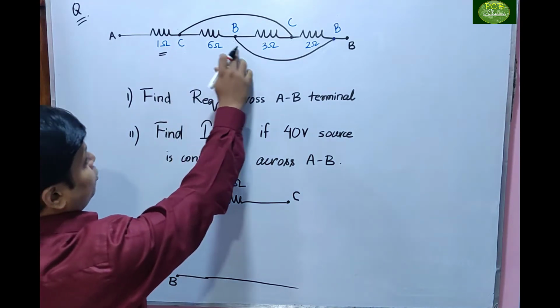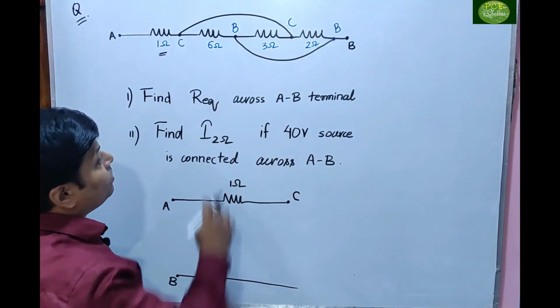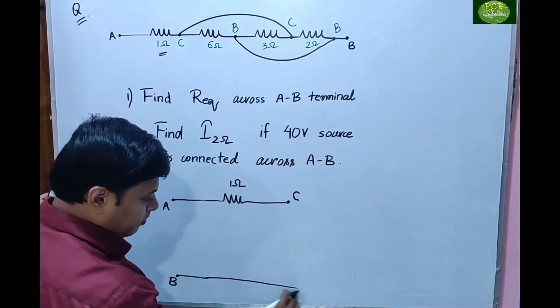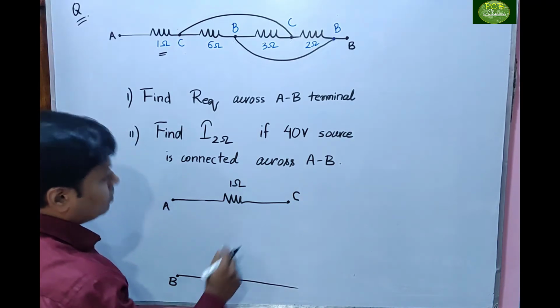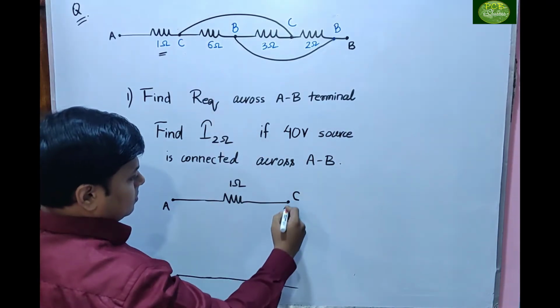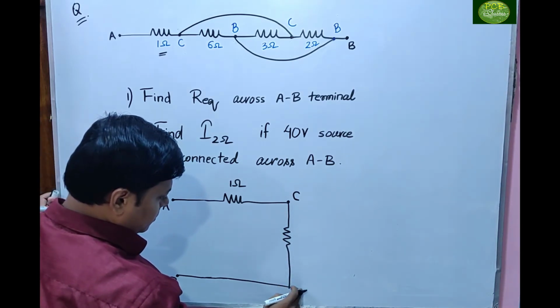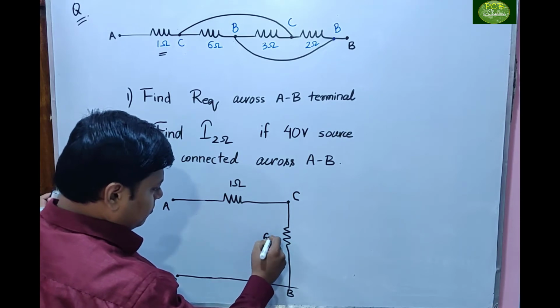Next, C to B. C and this point, this entire line will be said as B. So C to B, what is the thing present here? 6 ohm. This point can also be said as B. So this is a 6 ohm.